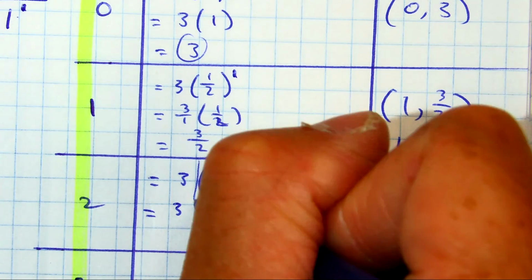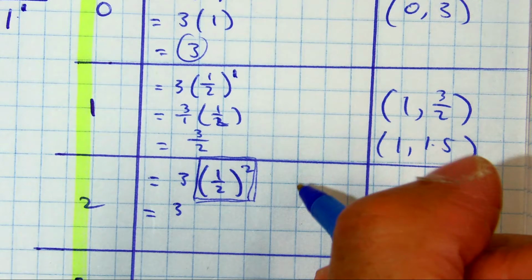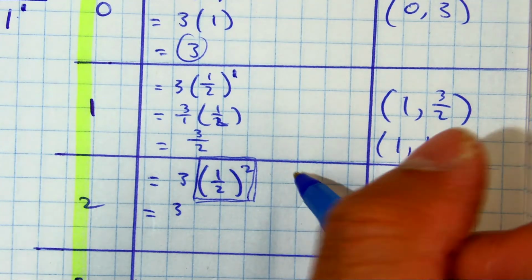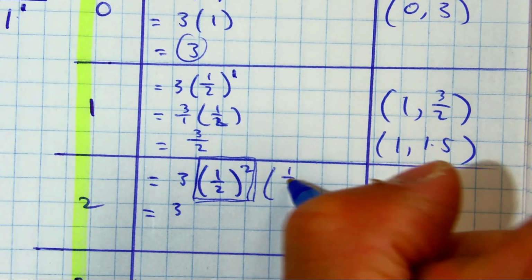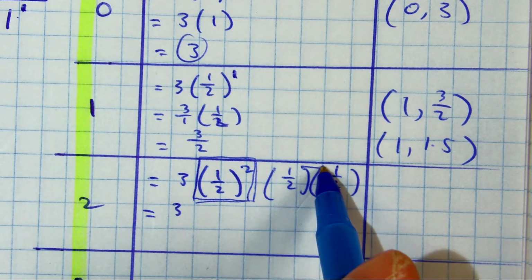What does this mean? How many 1/2s do you have? So what's 1/2 times 1/2? You're not adding, you're multiplying across.